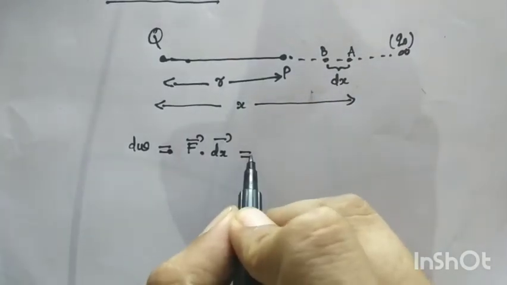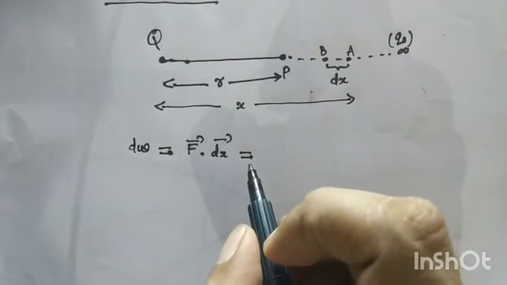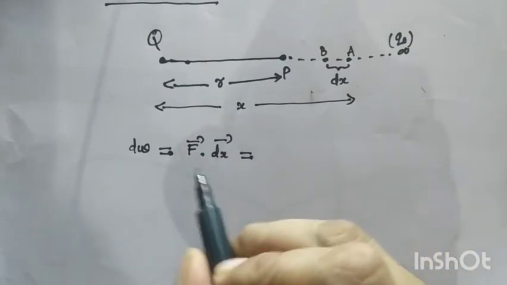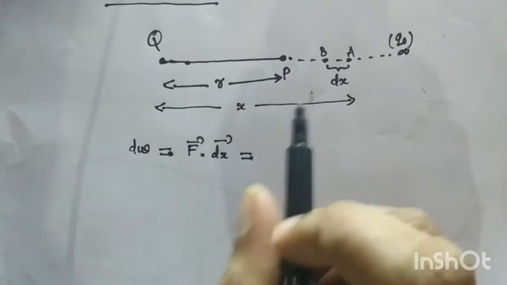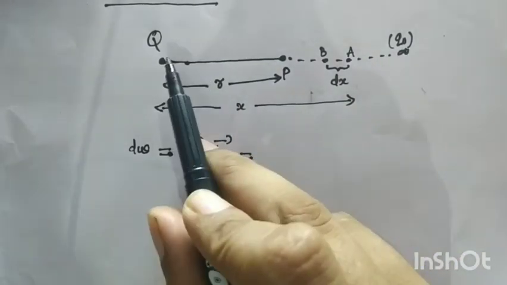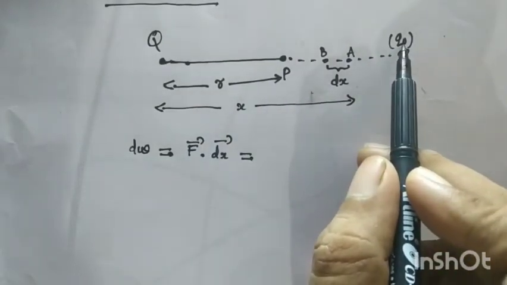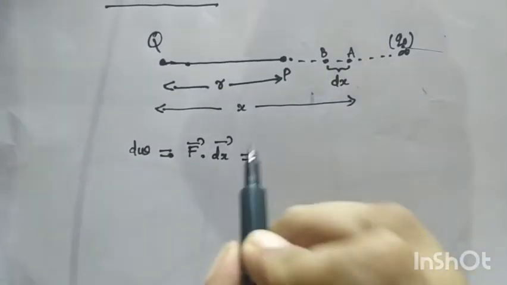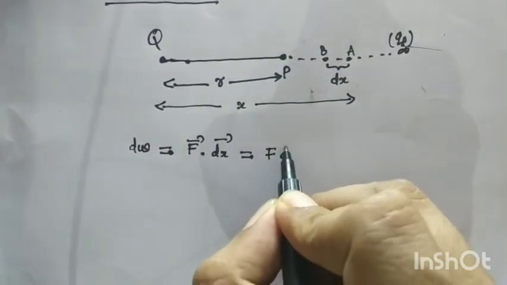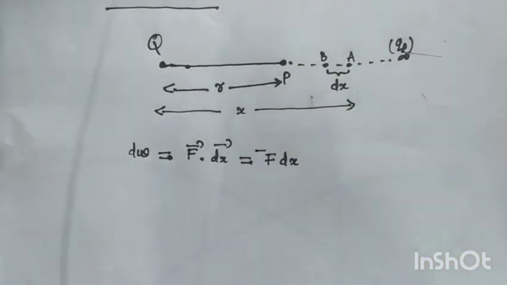When you expand the dot product, you will get cos theta. Since the electrostatic force is repulsive, it tends to point in the direction opposite to dx. So when expanding, you will get minus F into dx, where F is the electrostatic force.